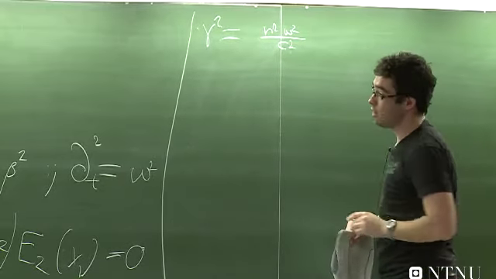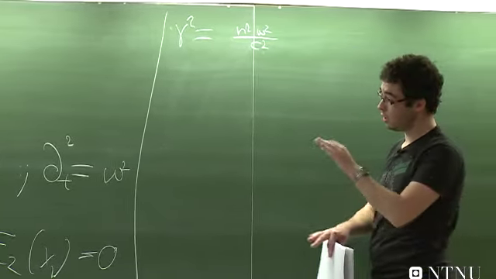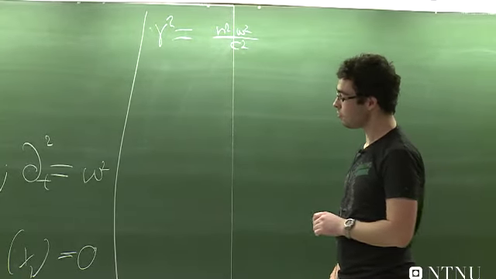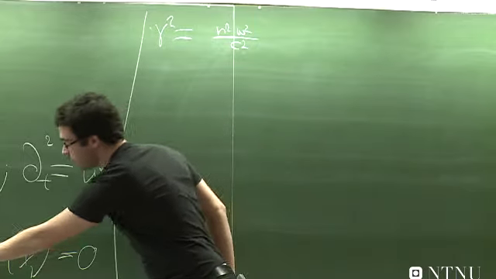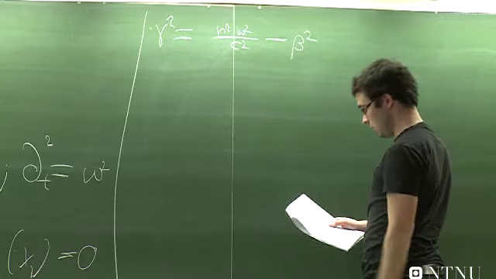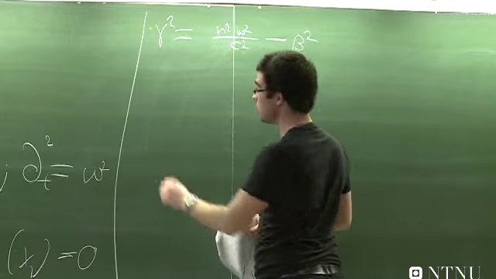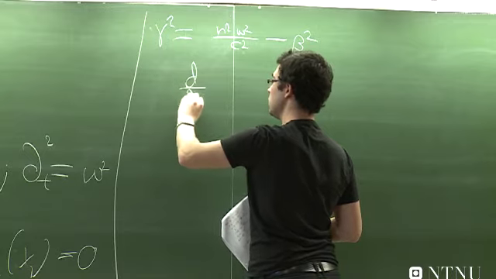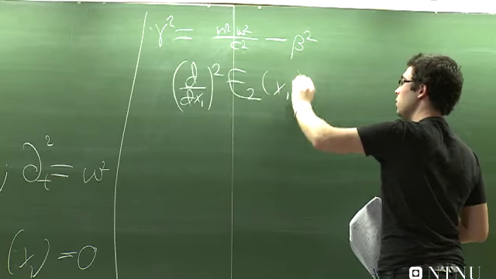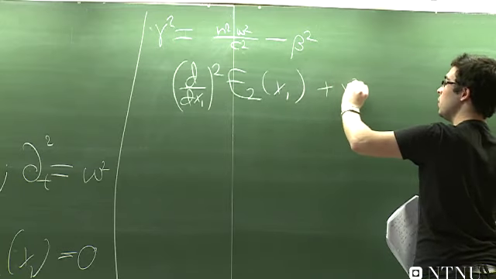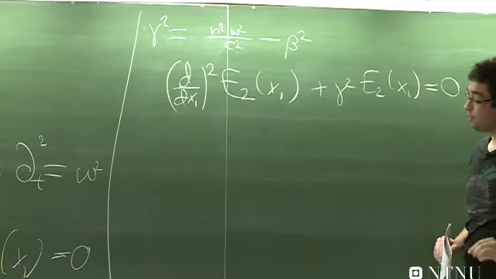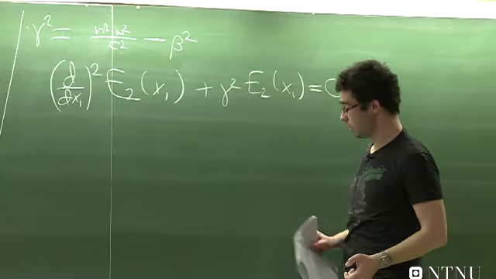This is the wave number in a large slab, but we're going to see that in a small slab or a thin slab, we're going to get some confinement effects from this beta. So we include that here, beta square. Now this is basically the differential equation, d dx1 square E2 of x1 plus gamma square E2 of x1 is equal to 0. All right, doesn't look so hard.